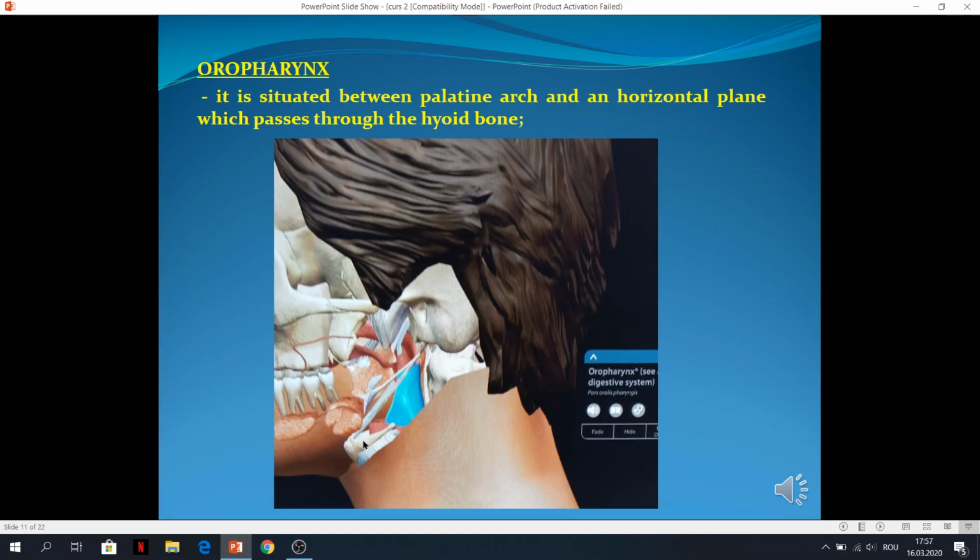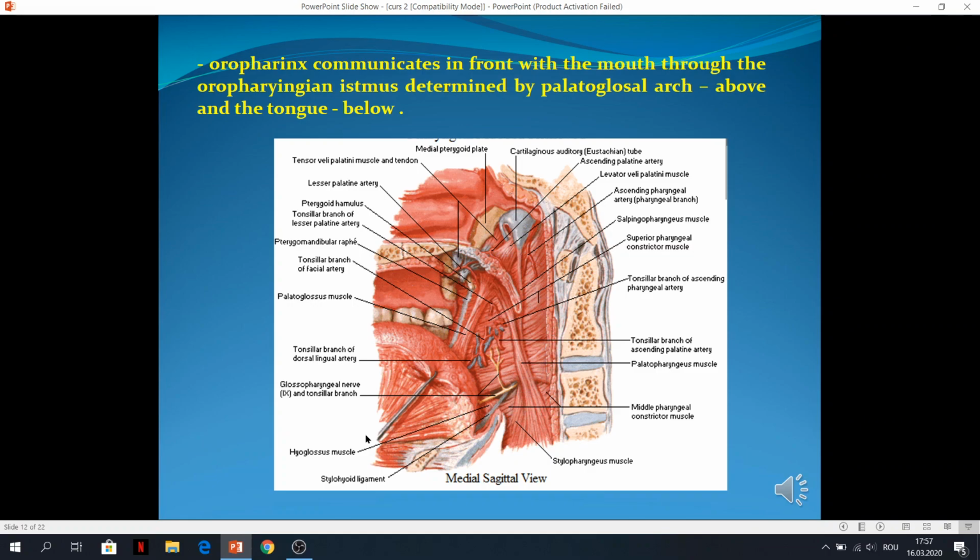The hyoid bone is visible right here. So from this point to this point, we can say this is the oropharynx. It's behind the mouth. It communicates with the oral cavity through this space. Actually, we say that this space is an isthmus, a buccopharyngeal isthmus.